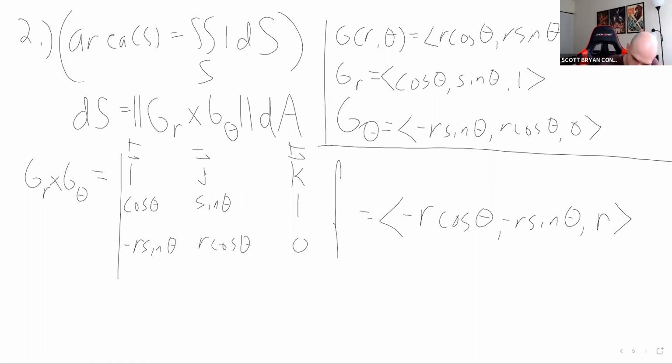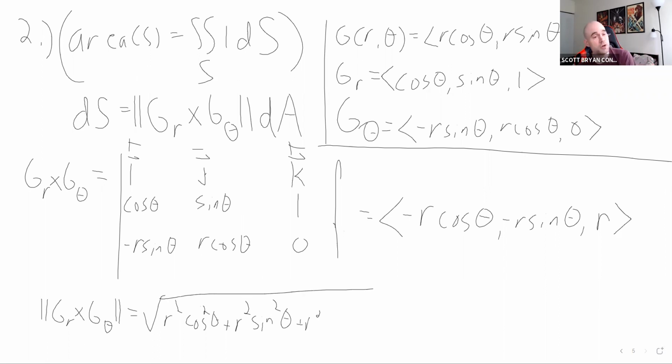So then, the magnitude of negative r cos theta, negative r sine theta, r is, so we have, let me just write it down, square root of r squared cos squared theta plus r squared sine squared theta plus r squared.